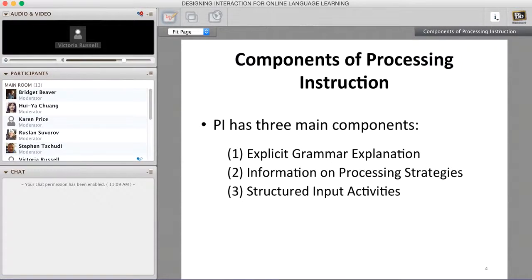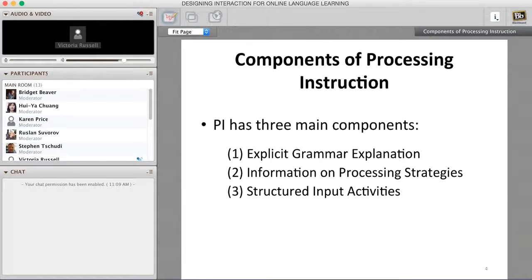PI has 3 components, which will be discussed in detail in the coming slides. The first component is an explicit explanation of grammar. The second is information on processing strategies, and the third component is structured input tasks and activities. The grammar explanation and the information on processing strategies provide explicit information to the learner.